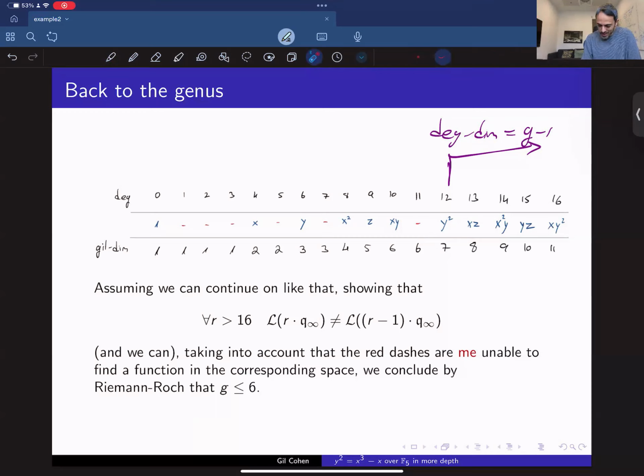And because I know that, and I know that I can keep populating, and I see that the difference here is 5, then the genus is 6, or at most 6, because maybe I could have populated more things here that I didn't. So this gives you an upper bound, because it could be the case that I missed someone. The genus is at most 6.